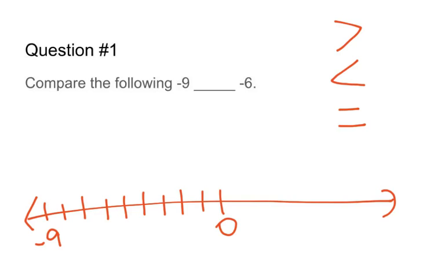Maybe a picture of a number line will help. So we're comparing -9 to -6. What would you say? Is -9 greater than -6, less than -6, or equal to -6?